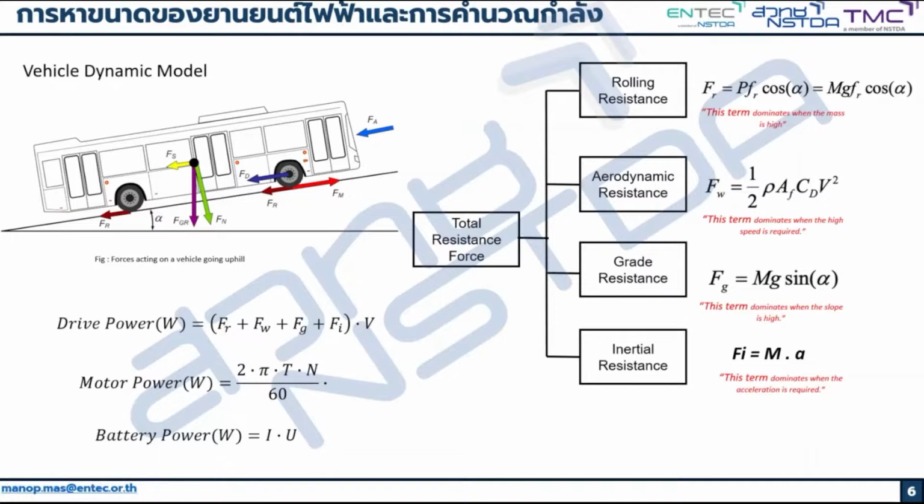If you want, you can lower the weight of the vehicle. The body of the vehicle needs to be aluminum to lower the weight of the battery. The drive power is the calculation of all resistances.